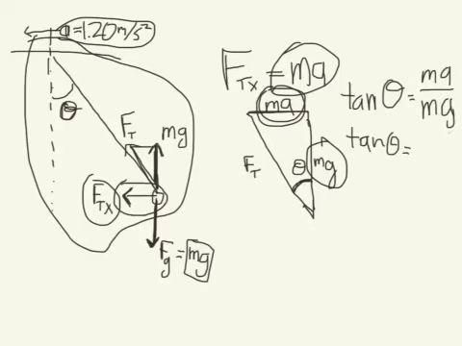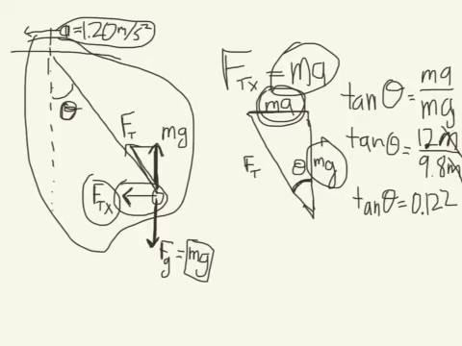And when we put in the values we know for a and g, we get 1.2 m, because a is 1.2, over 9.8 m. And the m's cancel out. And 1.2 over 9.8 is 0.122. So we get tangent theta equals 0.122.